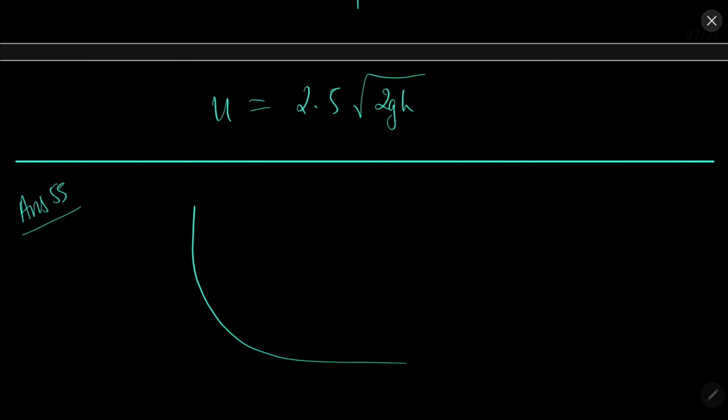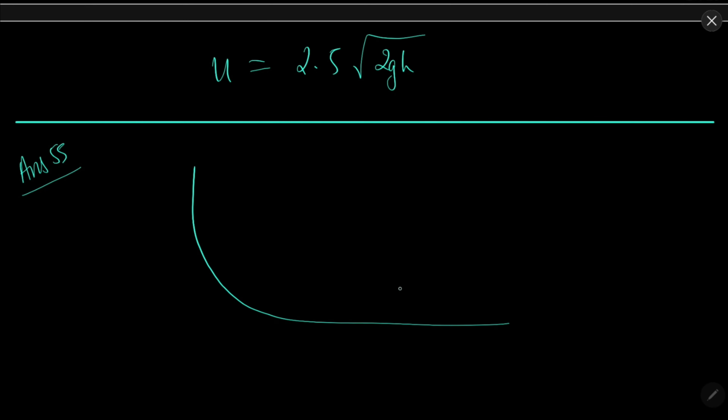So let me draw the approximate diagram. So this is our block, 10 gram bullet, this is 490 gram.